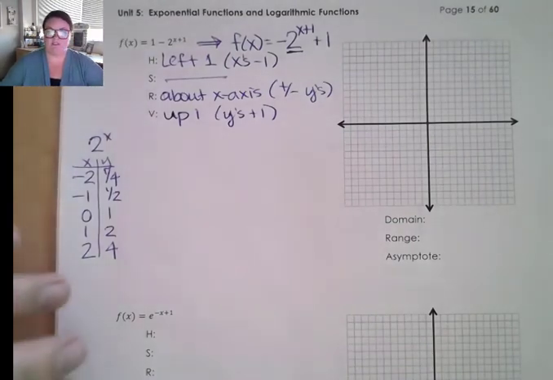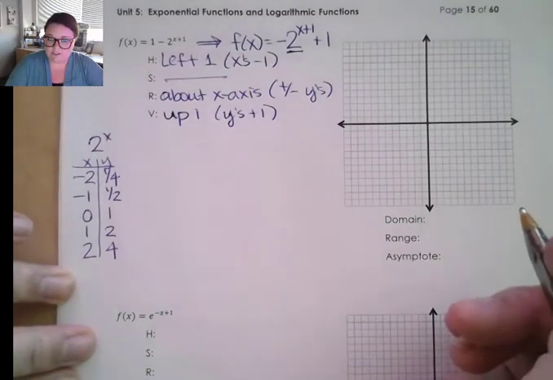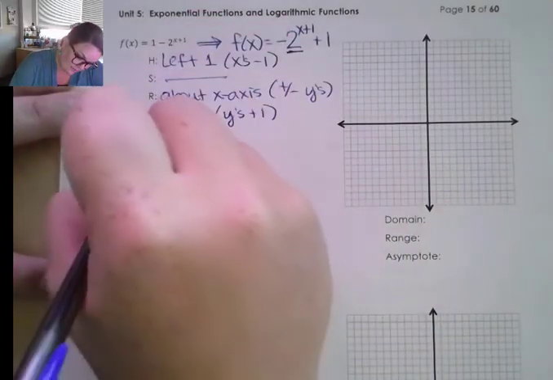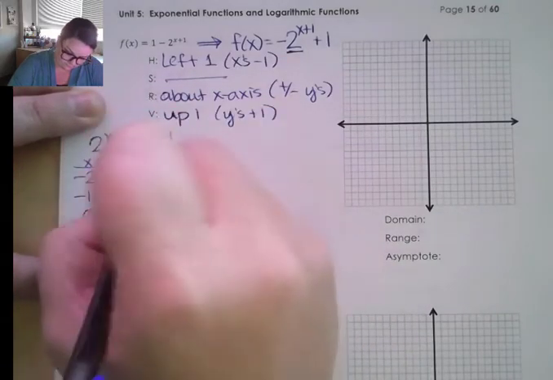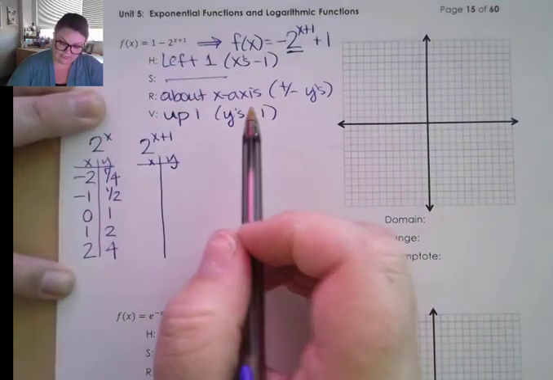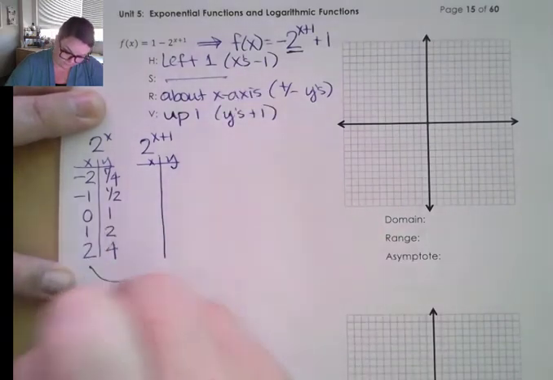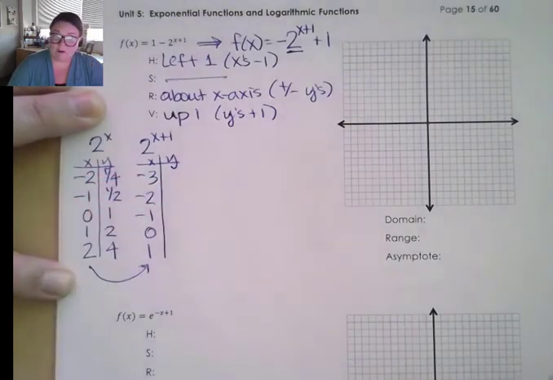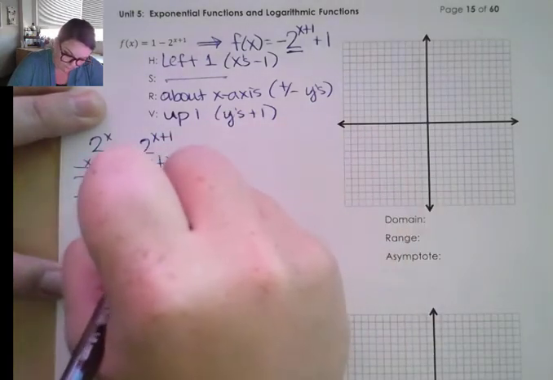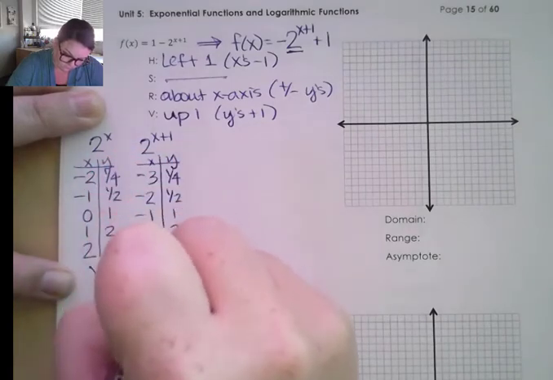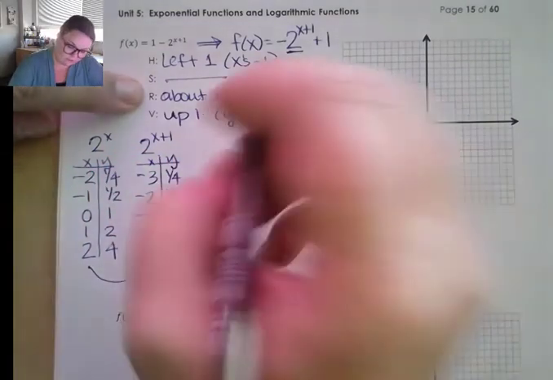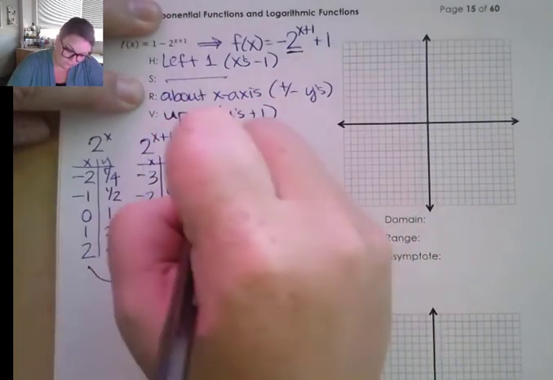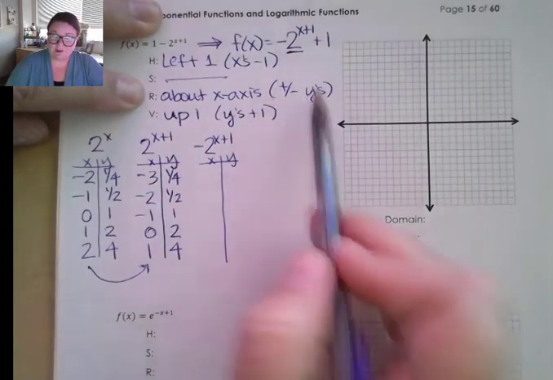Okay. So let's go ahead and modify our tables one transformation at a time, starting with our horizontal shift. So now this looks like 2 to the x plus 1. So we're going to take our x's and subtract 1. And then our y's stay the same. Then our next transformation is our reflection. So we're going to change the sign of our y's.